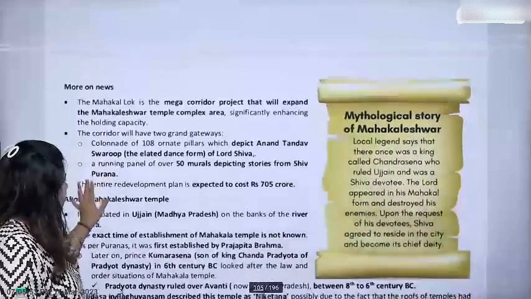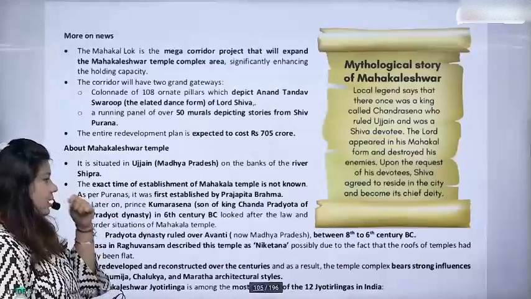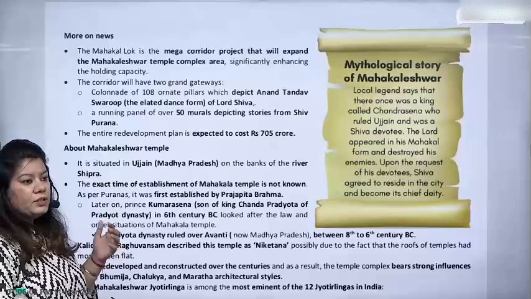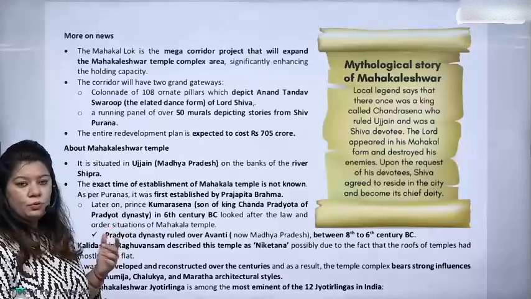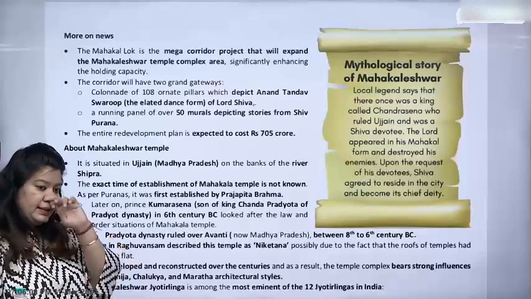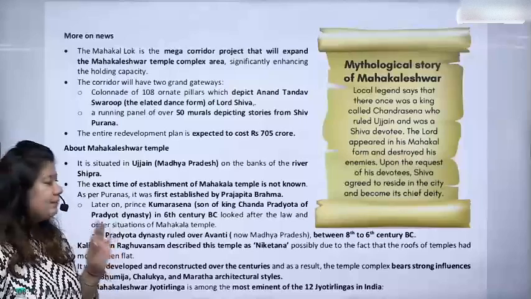Now coming to Mahakaleshwar temple. One, Ujjain is an important site. Second, your chief deity. Third, we have to do its founder also, or the one who established it. We are not very clear on the timeline and the one who actually established it, so that fact can be skipped.